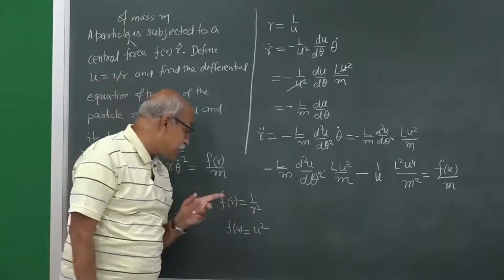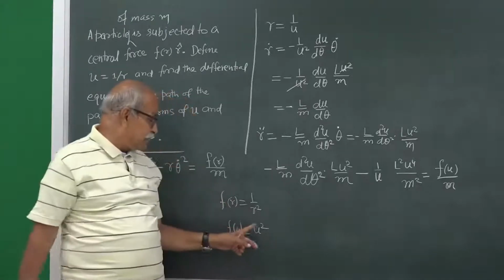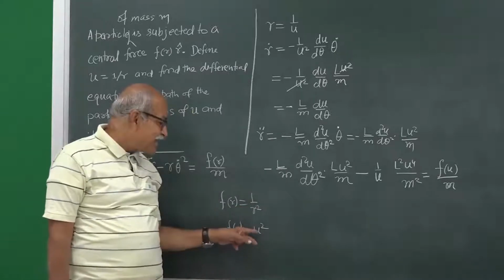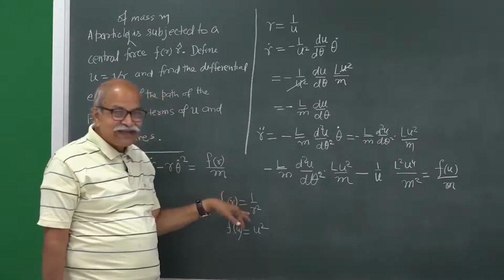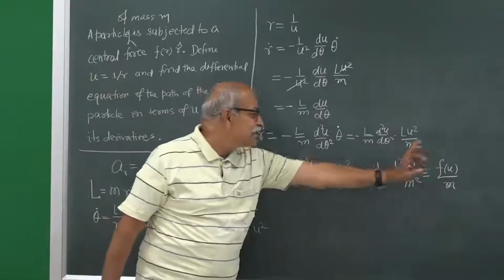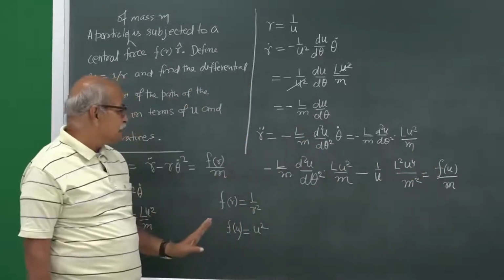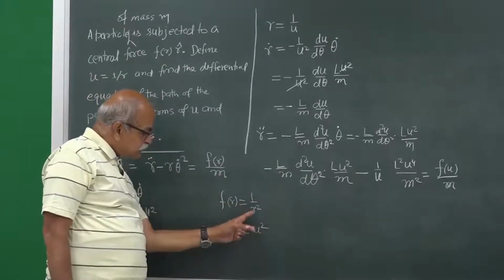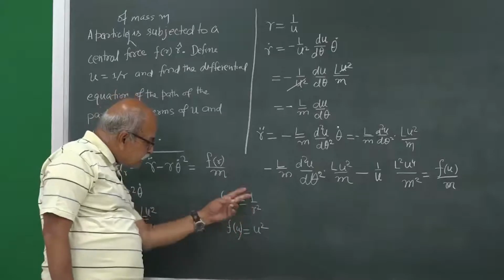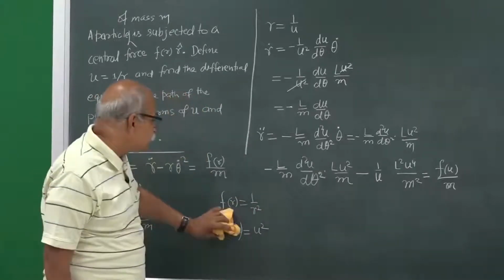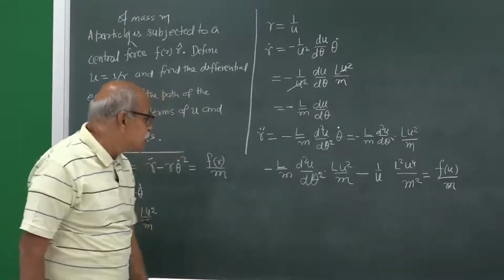So, in principle this is a different function and this is a different function. This is a square and this is 1 by square. So, in principle I should have written some other symbol here, but I will continue with this and you understand what I mean. This functional form which is given in terms of r has to be just converted into u and that I will be writing there. Okay. So, let us see what it is.